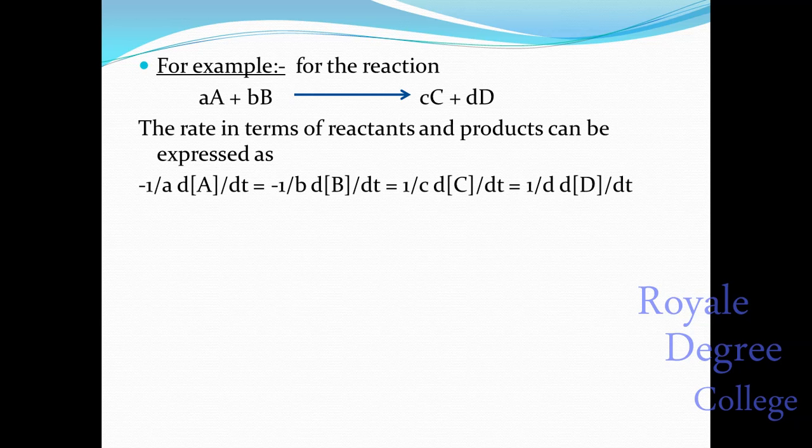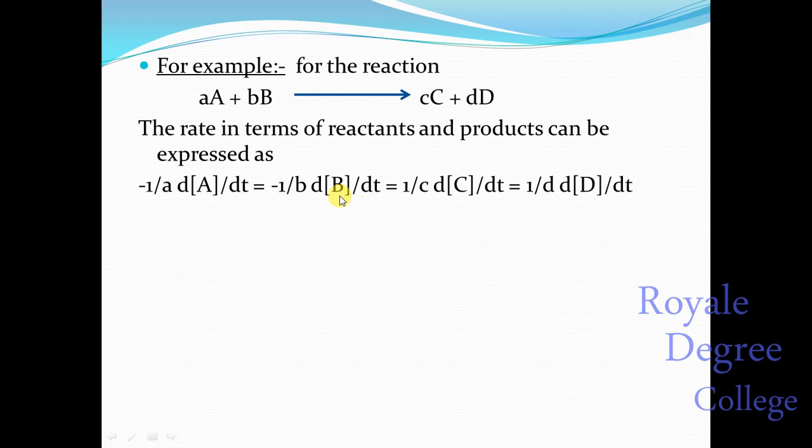Listen once again very carefully, girls. As we have seen, the rate in terms of reactants and products can be expressed as minus 1 by a, d concentration of A divided by dt. Here the negative sign indicates the decrease in concentration of the reactant A. It is equal to minus 1 by b, d concentration of B divided by dt.